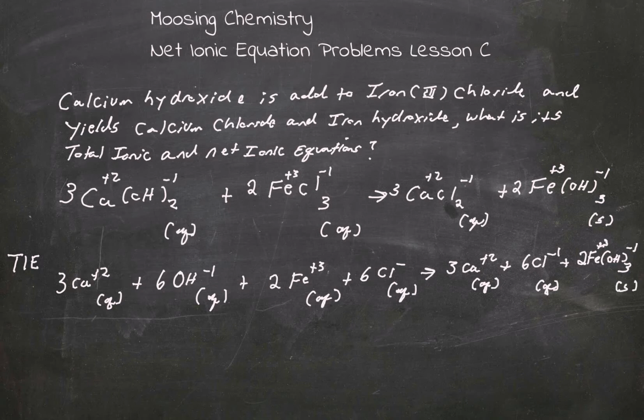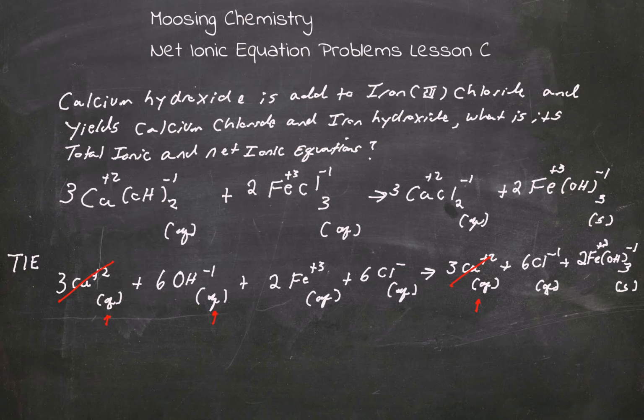All right, now let's see which ones are our spectator ions and which ones are not. Remember, spectator ions go the way of the dodo. All right, so now calcium is AQ here, and it's AQ on this side of the equation, so it goes away.